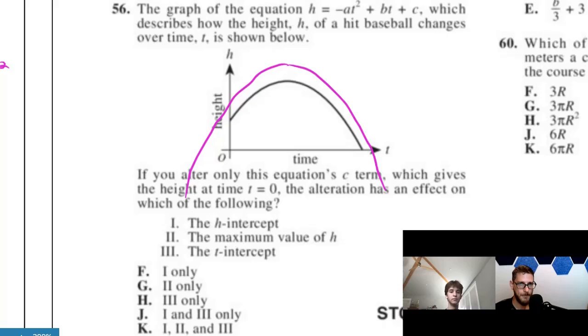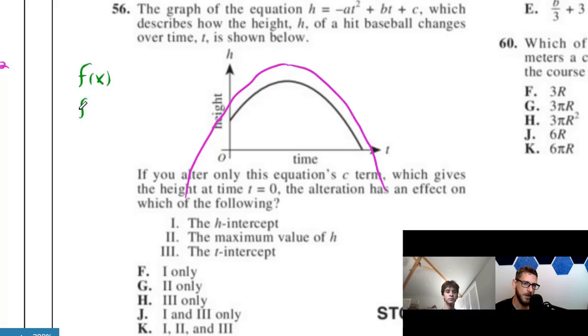Okay. So let's talk a little bit about transformations in general, not just for parabolas, but for all functions. So if I pick any function and call it f of x, there are a few ways you can change f of x.